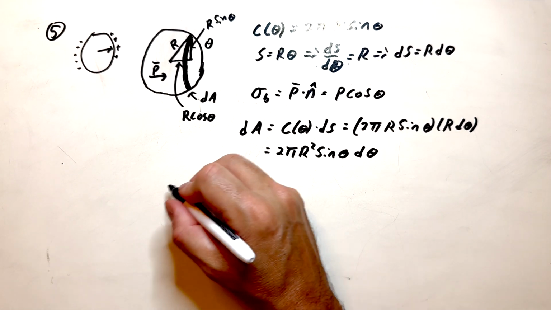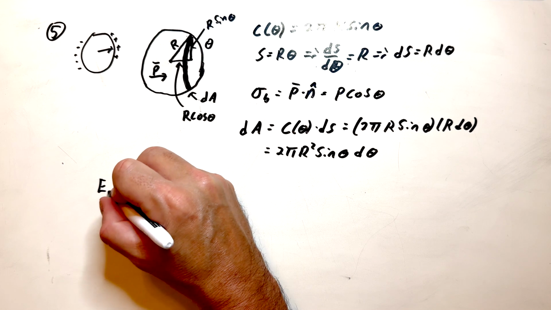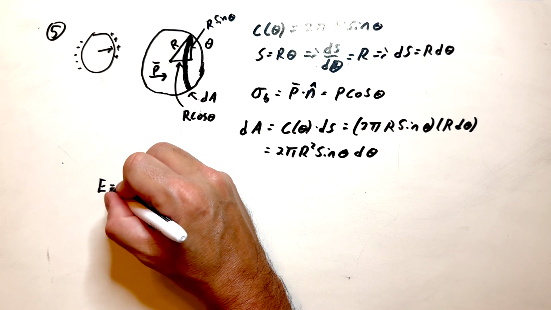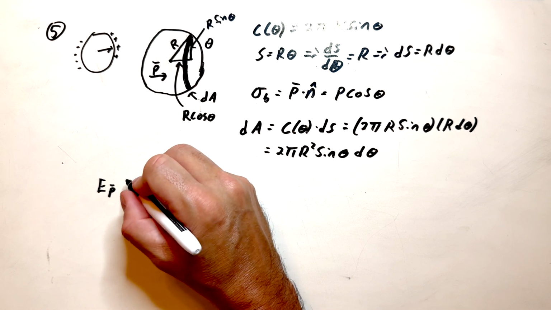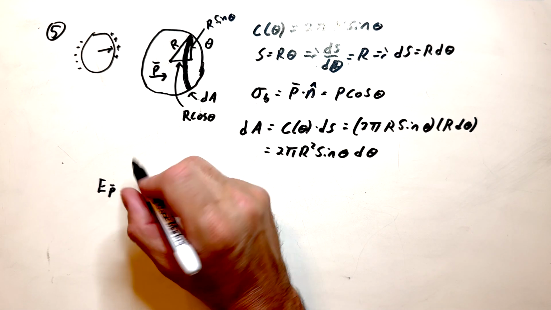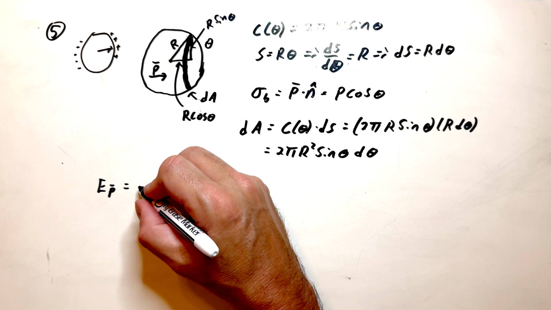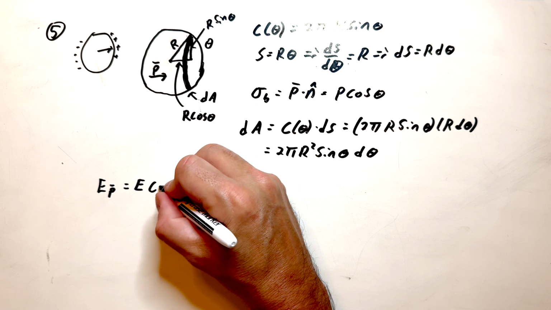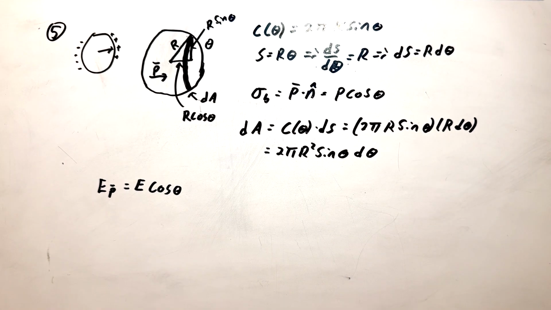Okay. Now, the electric field in the direction of the polarization is just going to be equal to the electric field times the cosine of theta.